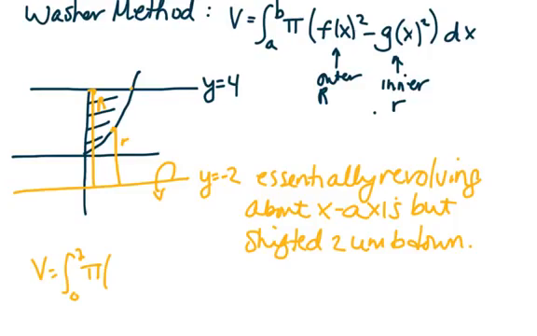So big R is 4 units plus the 2 that's down below the x-axis, so this is 2 plus 4 for big R. And little r is just 2 plus x squared.